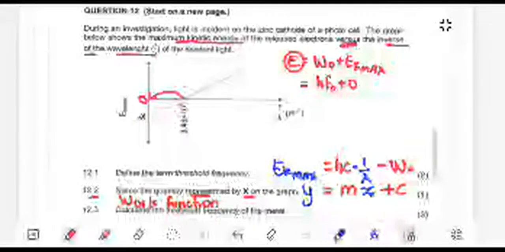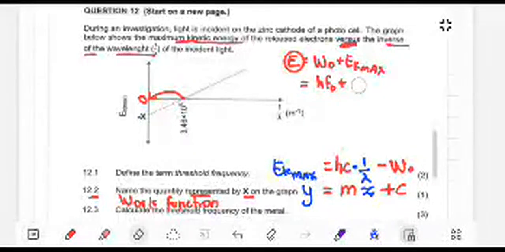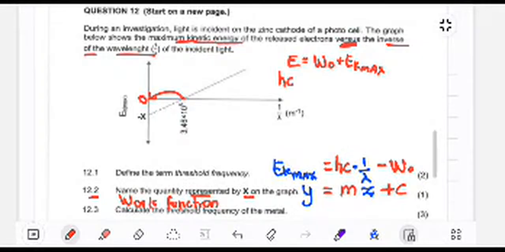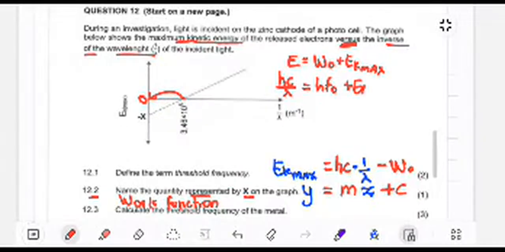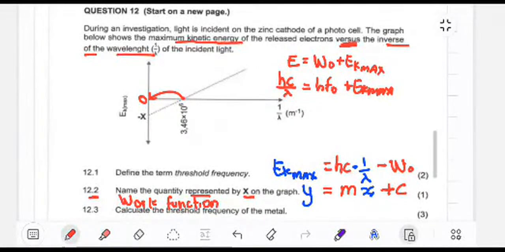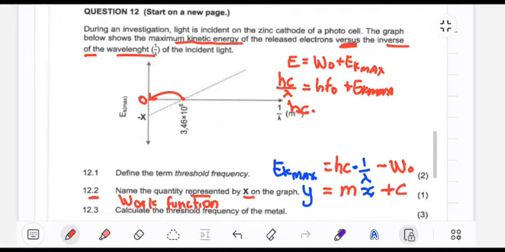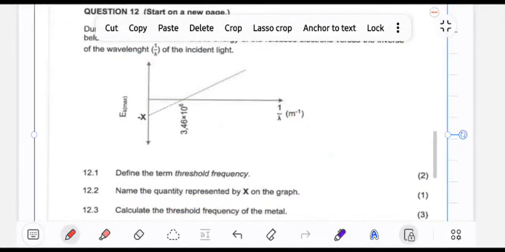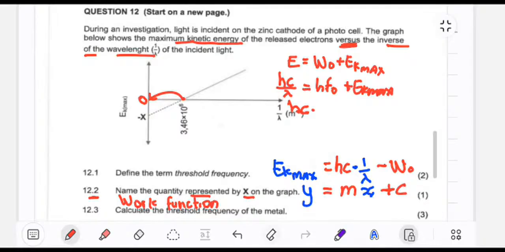So let's quickly do it. I would say it's plus EK max, and then after that I'll say HC over lambda.